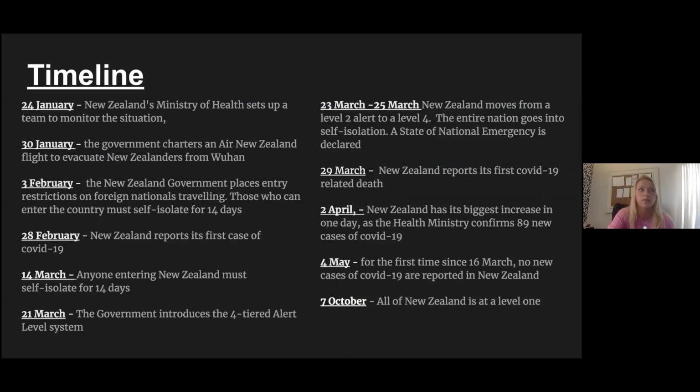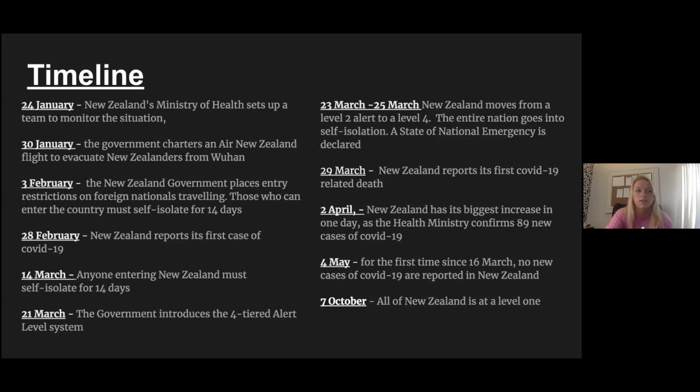So this is a timeline of some of the major events that occurred. At the end of January, New Zealand started preparing for this disease and monitoring it. On the 28th of February, New Zealand had their first reported case of COVID-19.